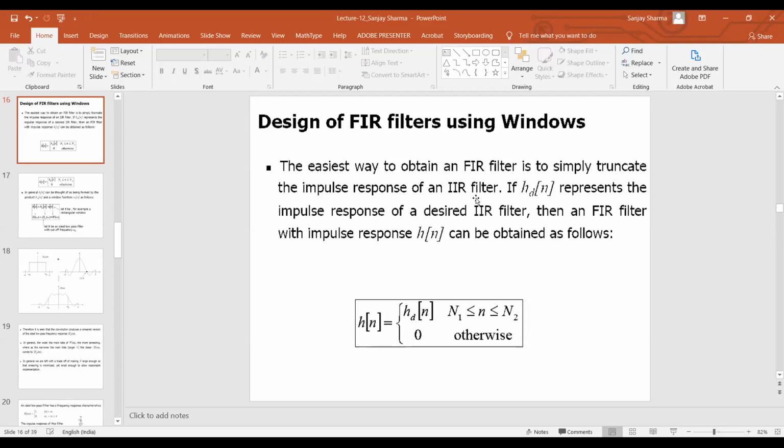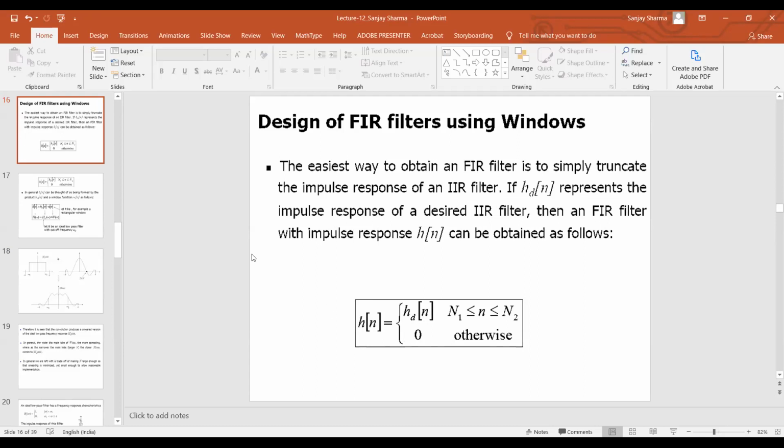What is the process of truncation? You have to multiply it with a window function. Now, if hd[n] represents the impulse response of a desired IIR filter, then an FIR filter with impulse response h[n] can be obtained like this.